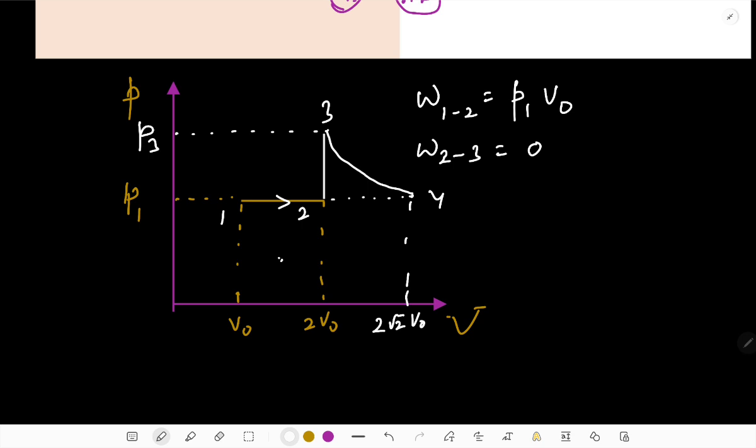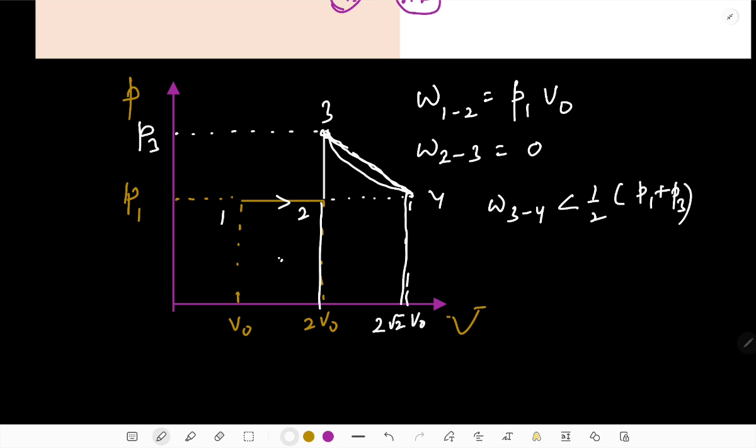And what about the work done from 3 to 4? We need to calculate. I don't know anything, but I can guess simply that the work done 3 to 4 is less than the area of this trapezoid. You can see here the area of this trapezoid. So it is less than half (P1 plus P3) multiplied by (2 root 2 V naught minus V naught).